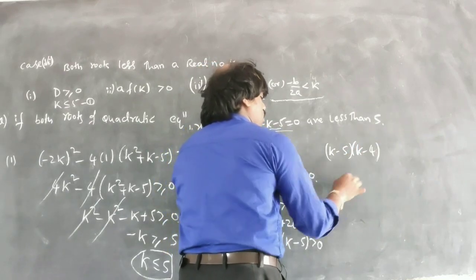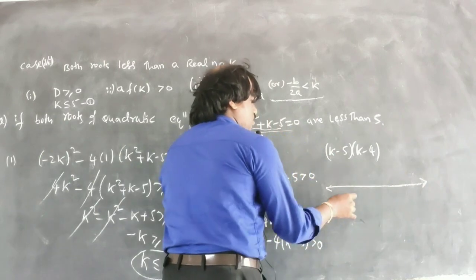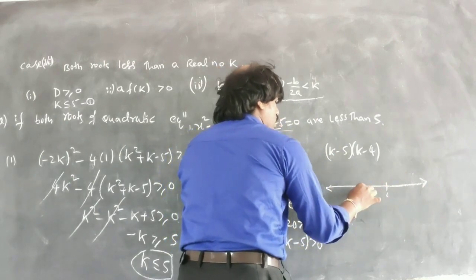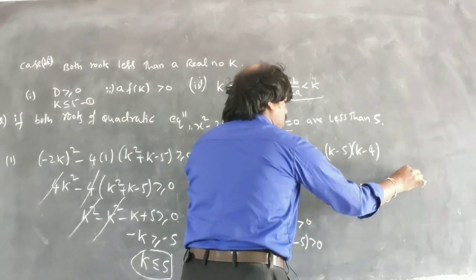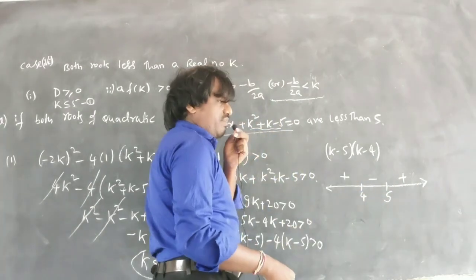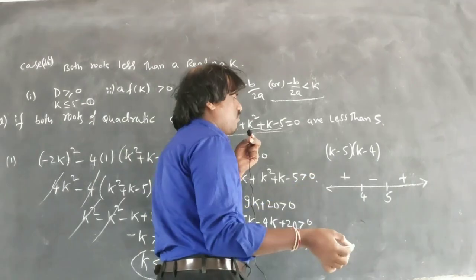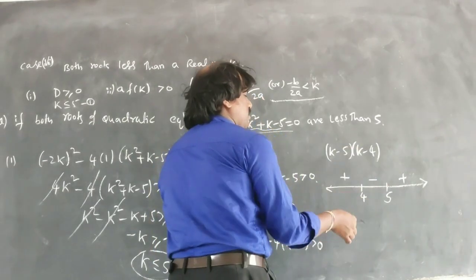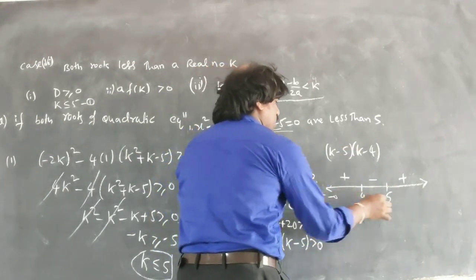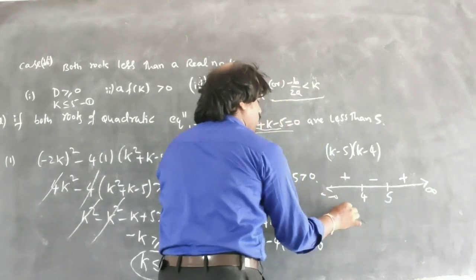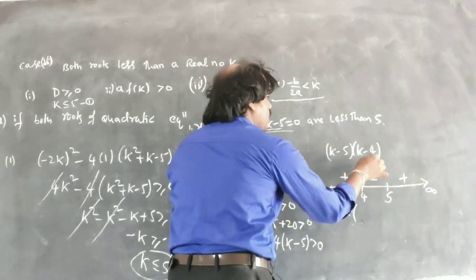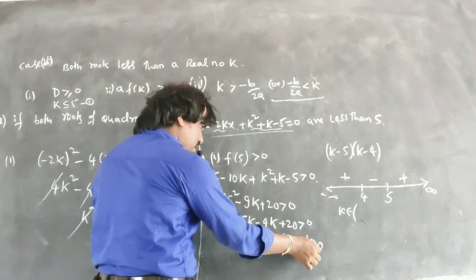And this I am going to plot on the number line. You know this is 4 and this is 5, with signs plus, minus, plus, as in the baby car method. If you did not watch it, go to the playlist and you can watch it there. This is minus infinity, this is plus infinity. Where will the k value lie?